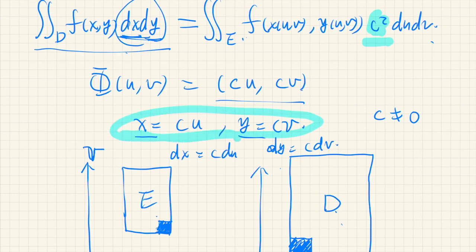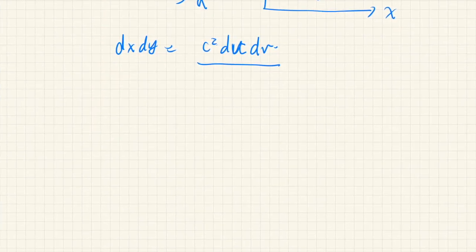In general, it is not this, but what is it then? In general, this map phi is more complicated. It can be any continuous map.